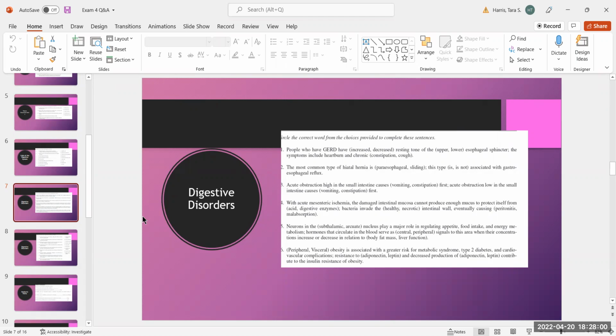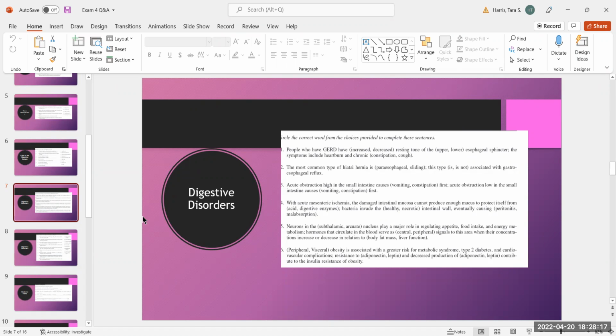Okay. So as far as a hiatal hernia, the most common type of hiatal hernia is a paraesophageal or a sliding hiatal hernia. Is it sliding?